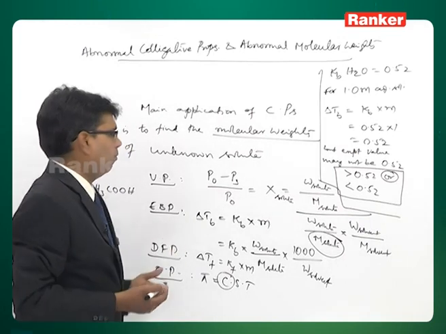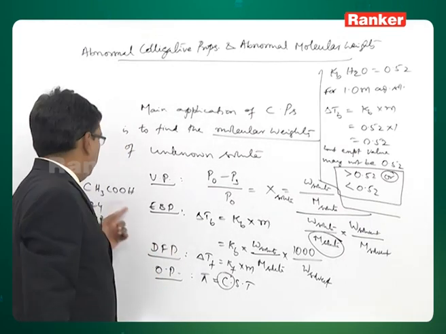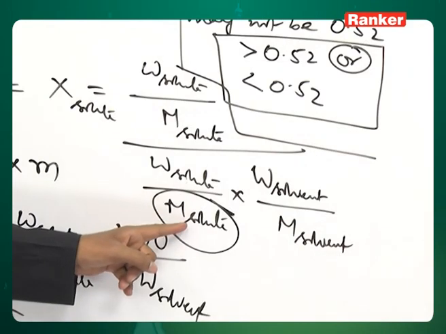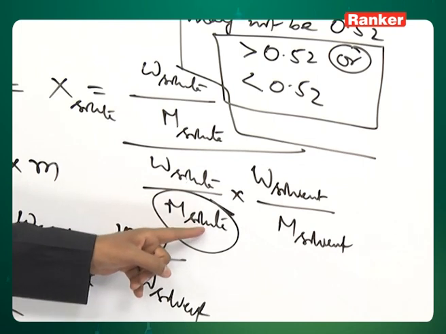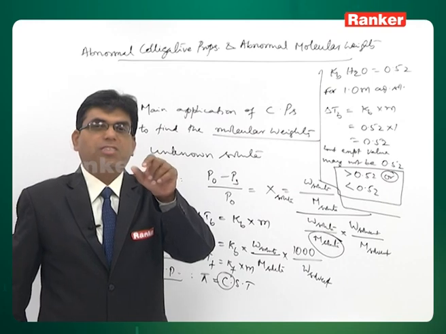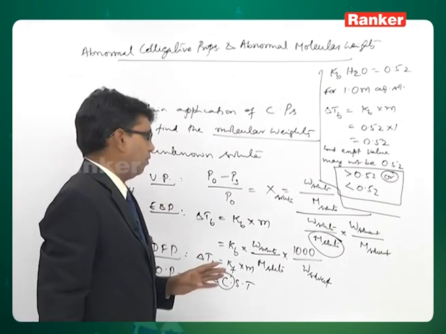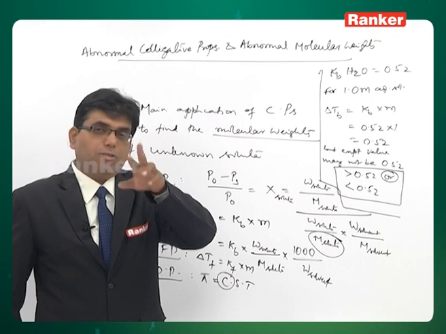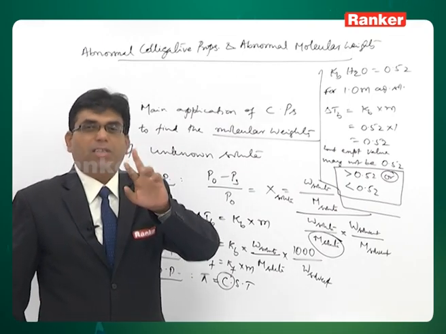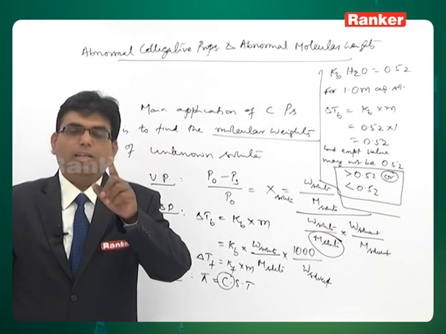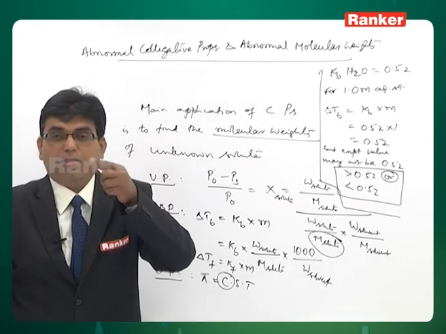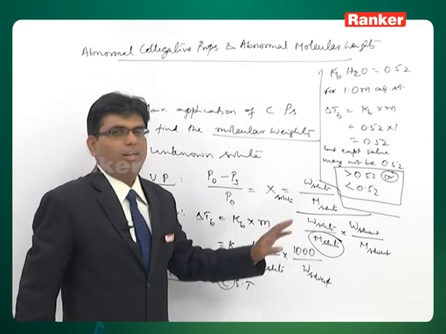So the molecular weight of a solute in solution depends on whether it is undergoing any association or dissociation. If the solute undergoes any association or dissociation, then the observed molecular weight will be different from the theoretically calculated molecular weight. That means the experimentally observed molecular weight is different from the theoretically calculated molecular weight.